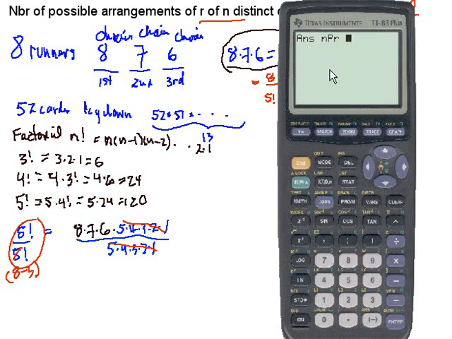Let's clear out. The way we have to start this, we have to put in our first number first. We put 8 in. Then we can go to math, over, down to 2. Now we put in our value 3 and tell it OK, and there's that number calculated for us. Well, in the next video, I'll discuss combinations.